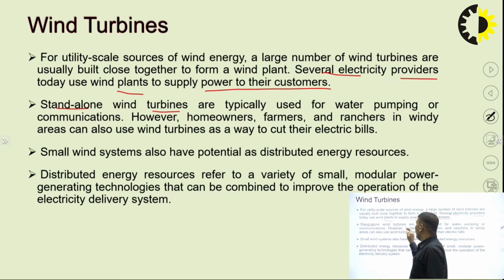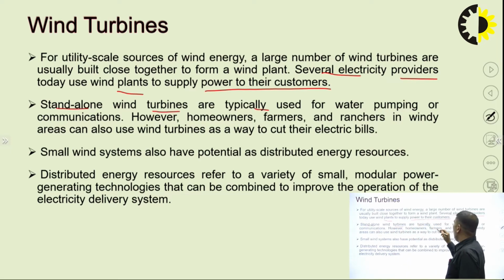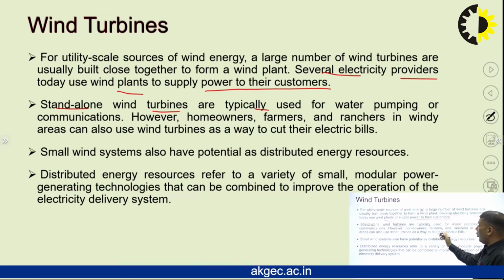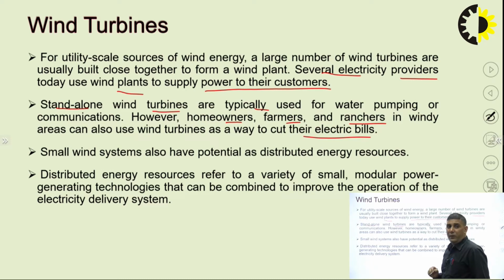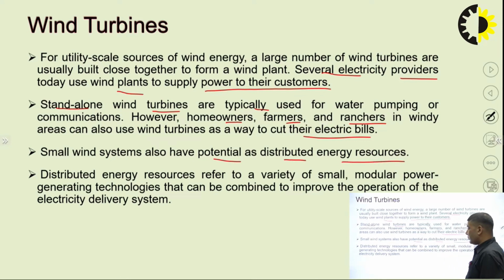Standalone wind turbines are typically used for water pumping or communication. However, homeowners, farmers, and ranchers in windy areas can also use wind turbines as a way to cut their electricity bill. Small wind systems can have potential as distributed energy resources also.